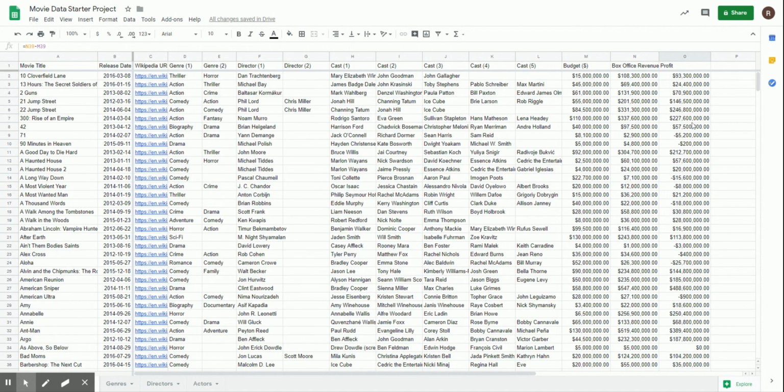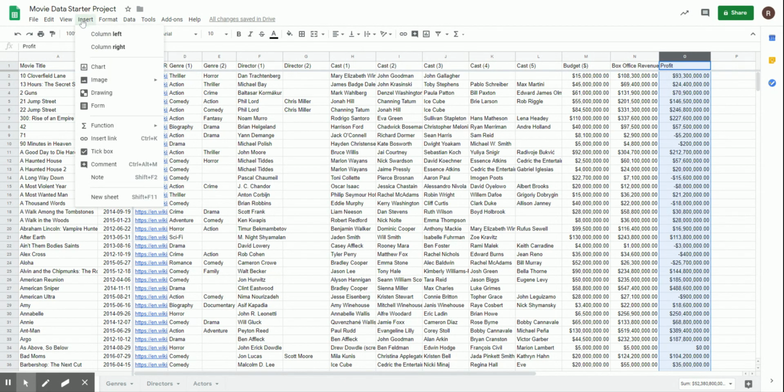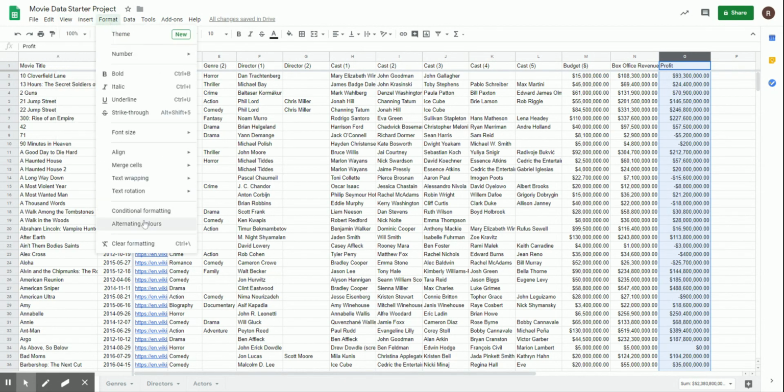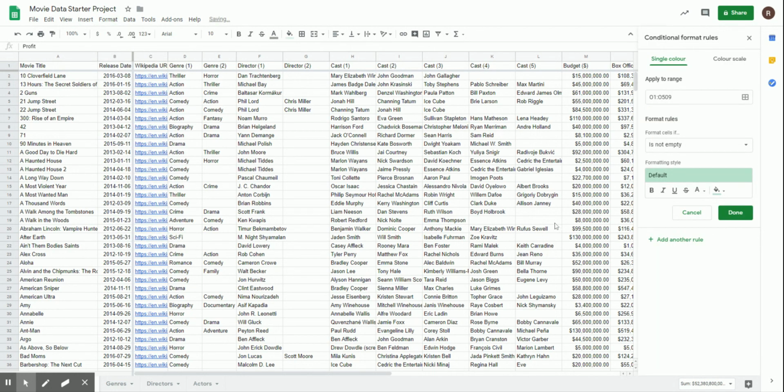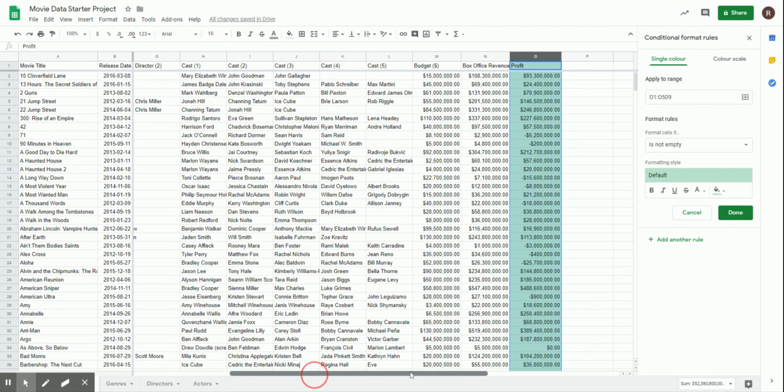So to help us, we could also use something called conditional formatting. If I highlight the whole column, I'm going to go to Format, Conditional formatting. The format itself refers to the way a cell looks.